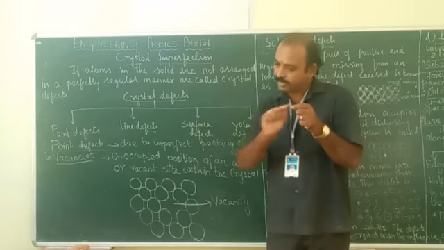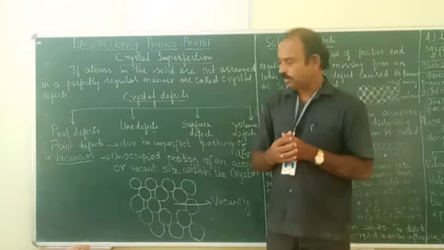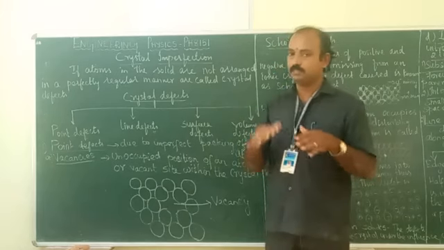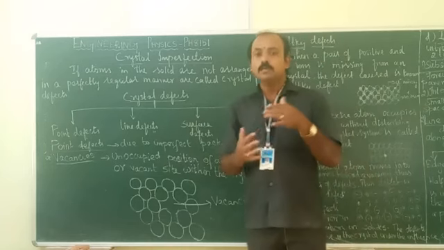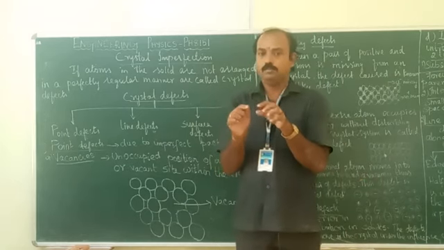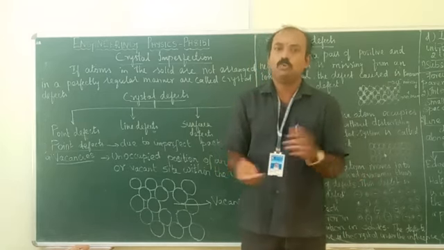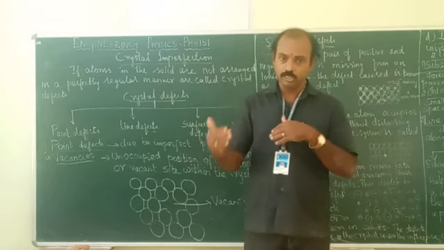Line defect means an entire line of the arrangement of atoms may be dislocated. Surface means related to area, and volume means length, breadth and height, that is, a small volume. That volume is going to be dislocated or the arrangement of atoms is going to be disordered.